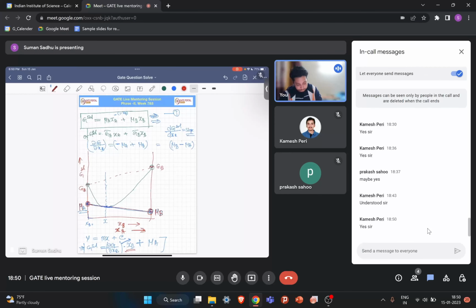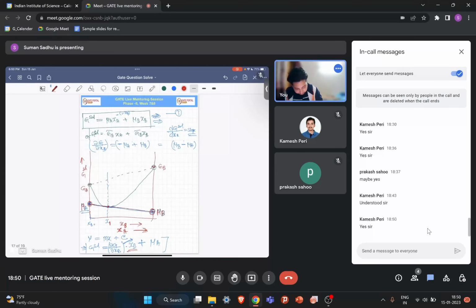If we take a tangent from this point, let's say this is x1, this will give mu A1 and mu B1. Similarly, if we take a tangent from some other point, x2, it will also touch somewhere here, giving mu A2 and mu B2.